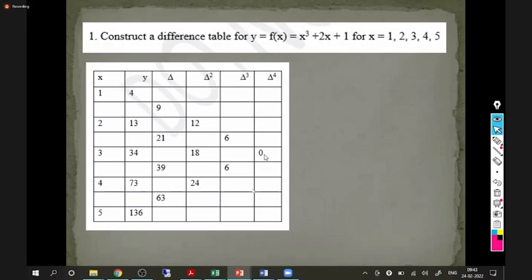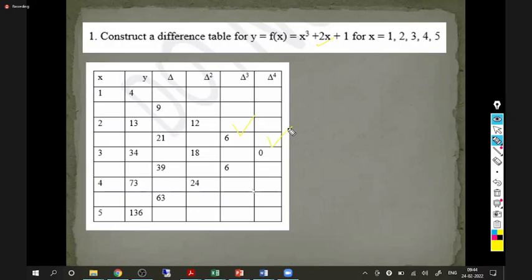So it is exactly similar to the derivative. You'll observe this is a cubic polynomial. Why has it happened? Because we are given a cubic polynomial, and for this cubic polynomial we know the third derivative is a constant and the fourth derivative is 0. The same thing has happened: the third order is constant and the fourth is 0 because it's a cubic polynomial.